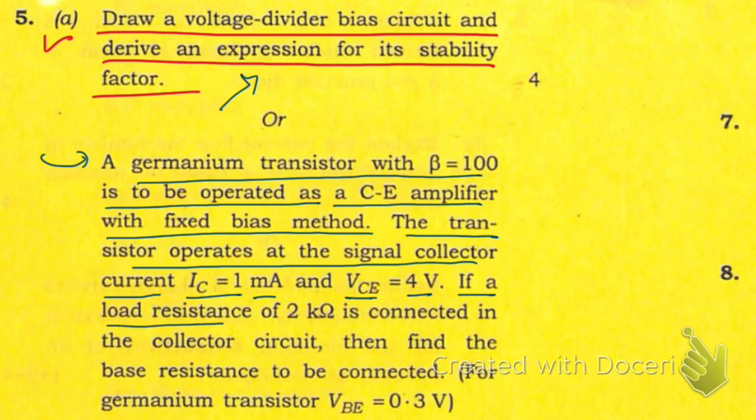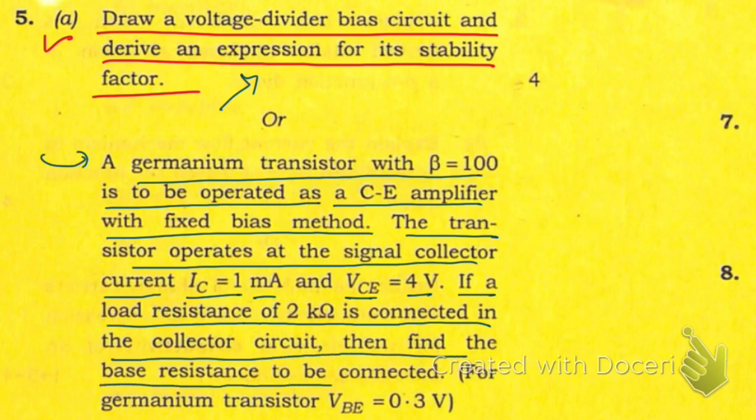If a load resistance of 2 kilo ohm is connected in the collector circuit, find the base resistance to be connected. That is RB, which has to be determined here. The load resistance is RC, given as 2 kilo ohm.